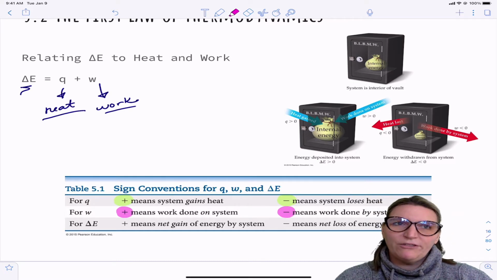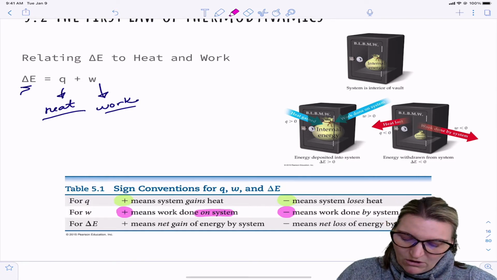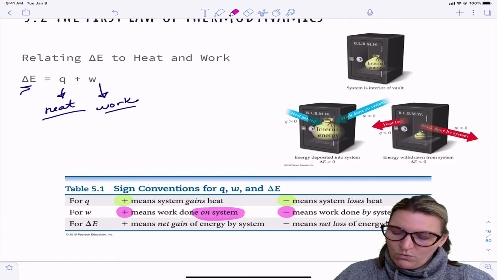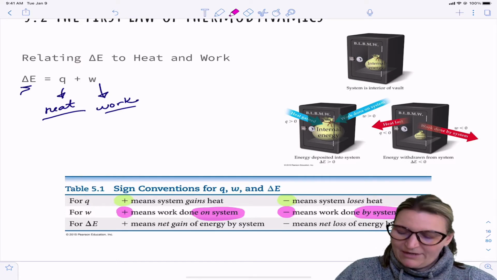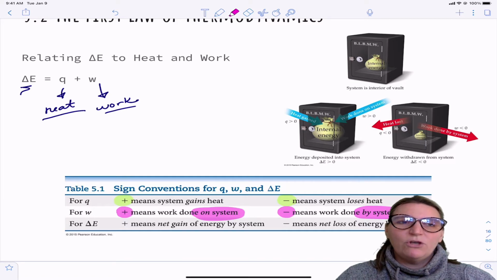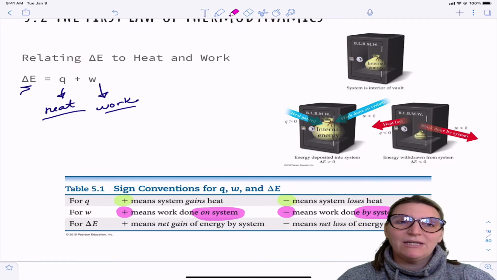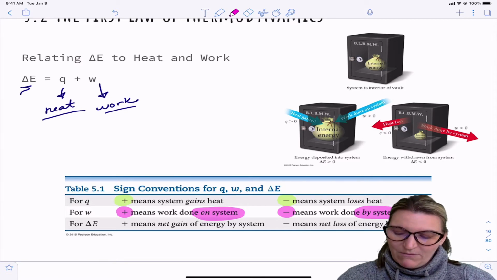Positive W would mean that work was done on a system, and negative W would mean work is done by the system. So if, in the example from the first video, that reaction pushes up against the piston, that is the system doing work. That would mean that W is negative.